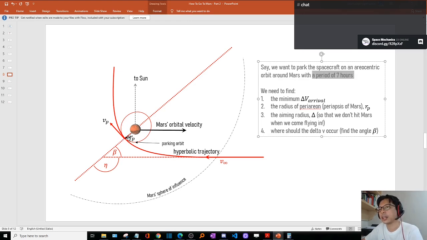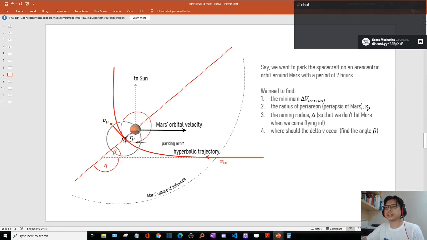We need to park there. If we don't park here, then we're just going to fly by. So there are 4 things we need to find. The delta V at arrival: what's the change of velocity that we need to do here? What's the amount of fuel that we need to expend here? And then the radius of periapsis here.